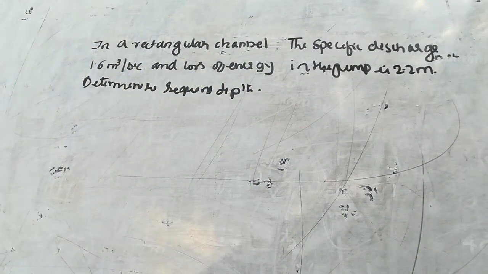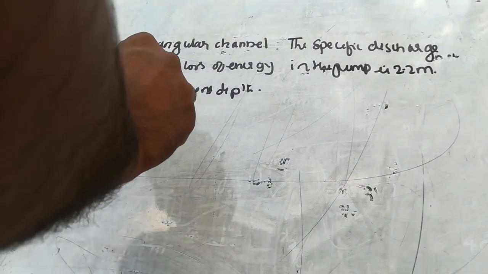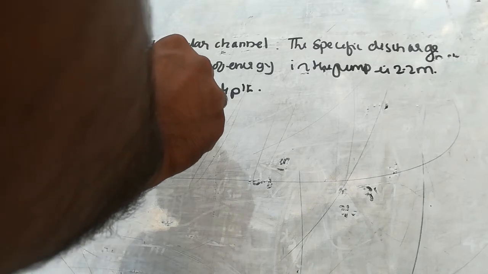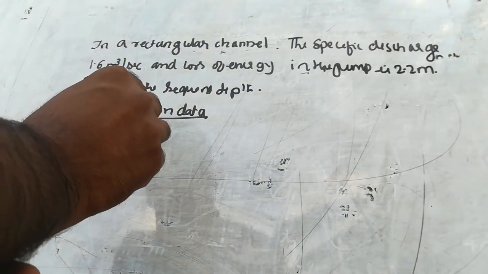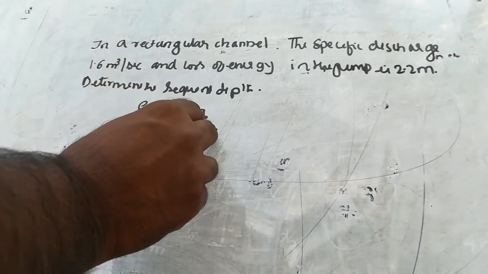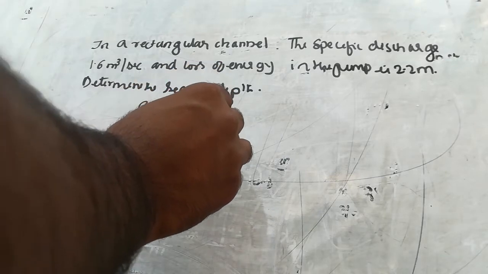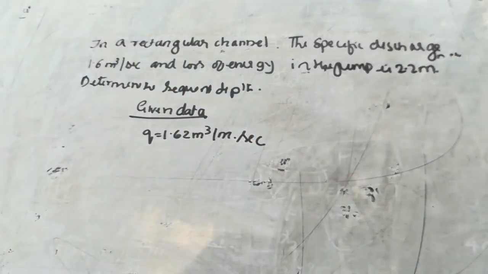The given data: small q is equal to 1.62 meter cube per meter second. Here they gave the specific discharge, or unit discharge for unit width, equal to 1.62 meter cube per meter second.